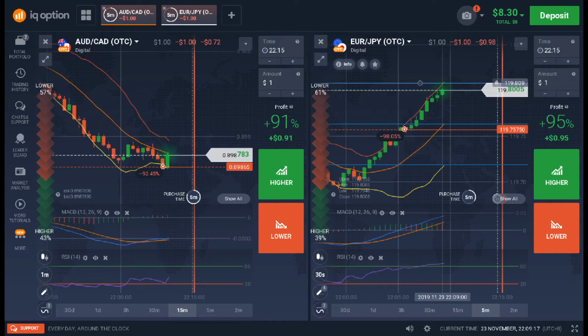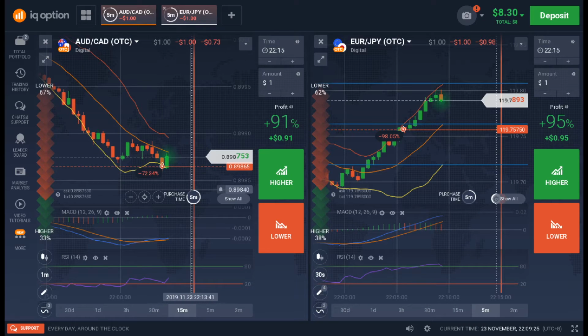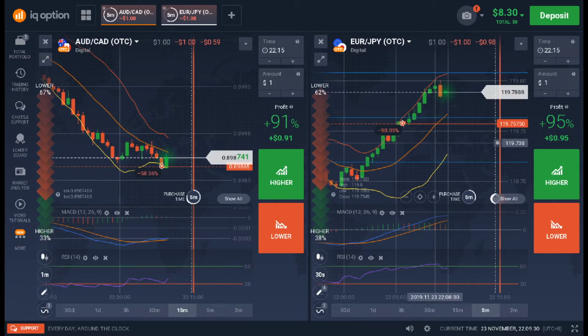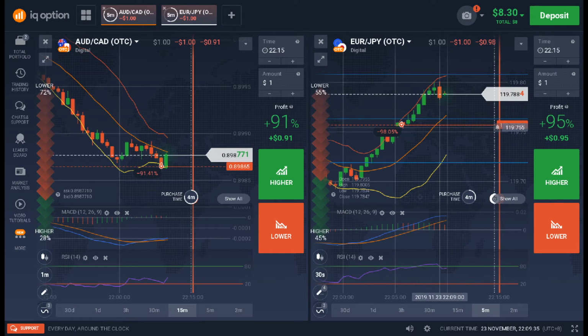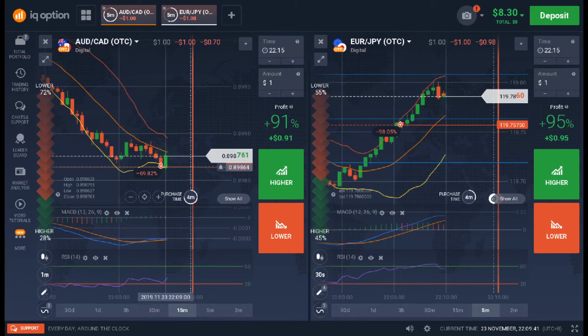Hopefully it stops at the resistance that we drew. Okay, we still have 5 minutes. Okay, yes, more selling pressure happening at the Euro Japanese yen. I think this is the bounce that we're waiting for, or yeah, the reversal that we are waiting for. 4 minutes.